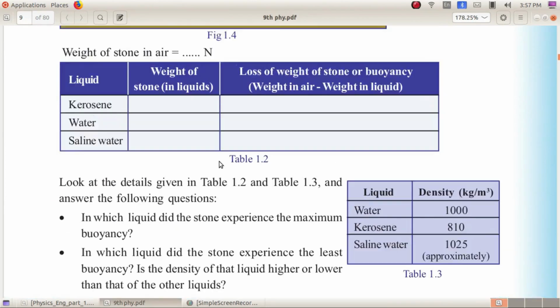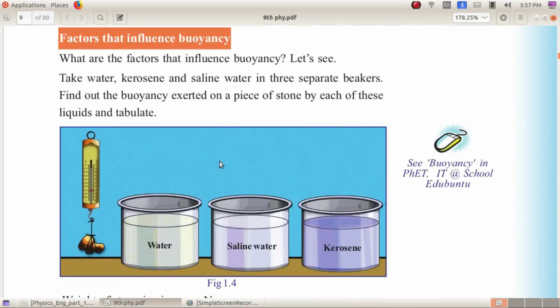Therefore, we know that in the ocean the buoyancy will be greater and in freshwater buoyancy will be somewhat lesser. So when the ship enters a freshwater lake from the ocean, it will sink more because the buoyancy is less in the freshwater lake.